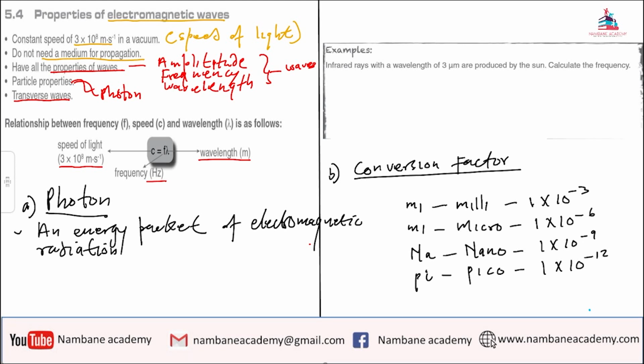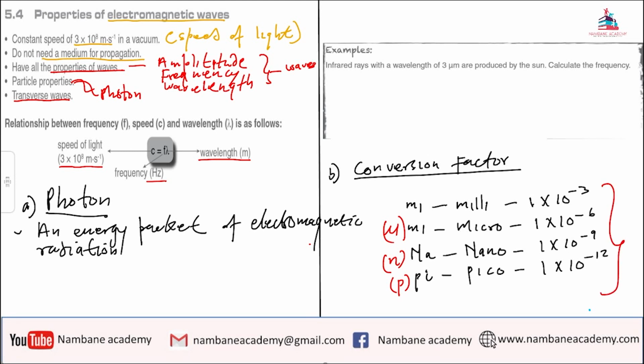And let's write it in terms of symbols. This one will be something like micro. Let's just do this. And this one will be nano, and then this one will be just pico.